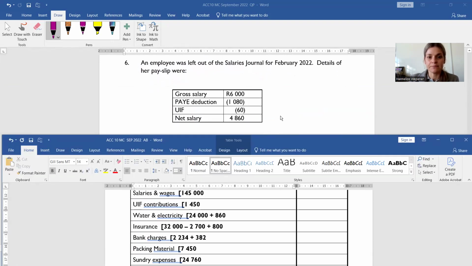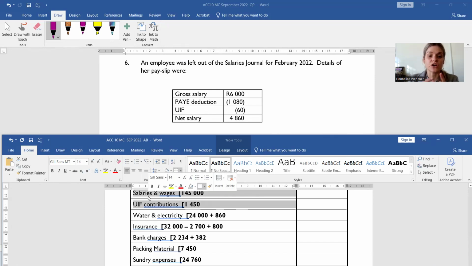Next up, we have an employee that was left out of the salaries journal for Feb. In other words, the salaries and wages, together with the contributions that you see within your SACI at the moment, in other words, your pre-adjustment trial balance, those amounts are incomplete because one employee's Feb salary is not yet included in your amounts.